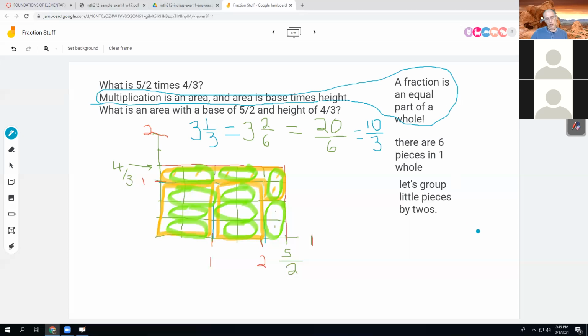So since you're not quite comfortable with this yet, you're still trying to wrap your brains around this, it's natural to say, okay, I remember that I'm supposed to multiply numerators and denominators, so the answer should be this, right?